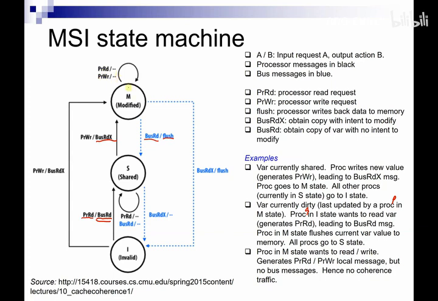However, because this process already has an up-to-date copy of the variable, it doesn't need to send any messages onto the bus. So here we see that there's no bus traffic. Instead, the process can simply read its own cached copy of the variable, or write a new value to it, and it doesn't need to tell any other processes about it.